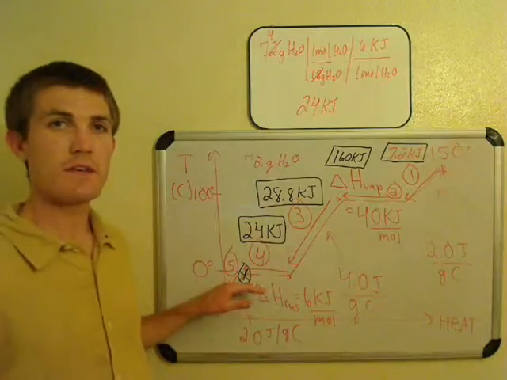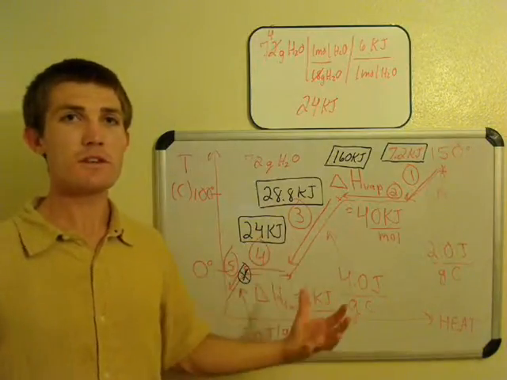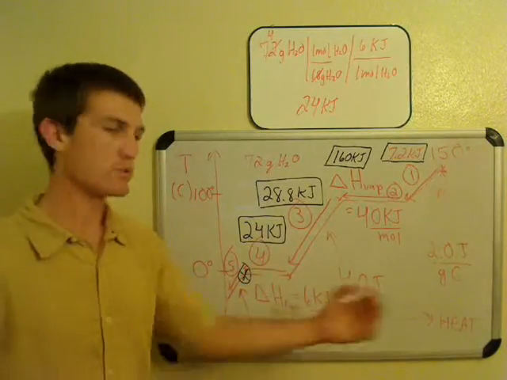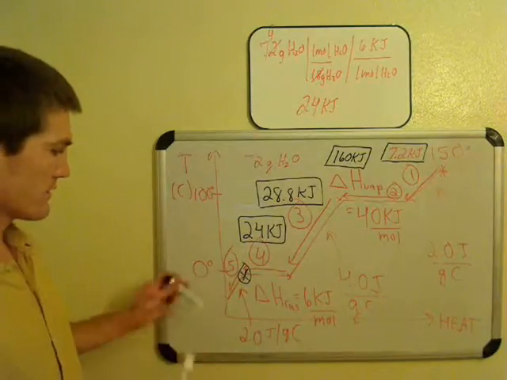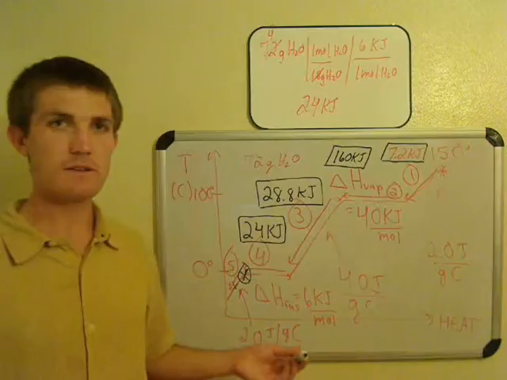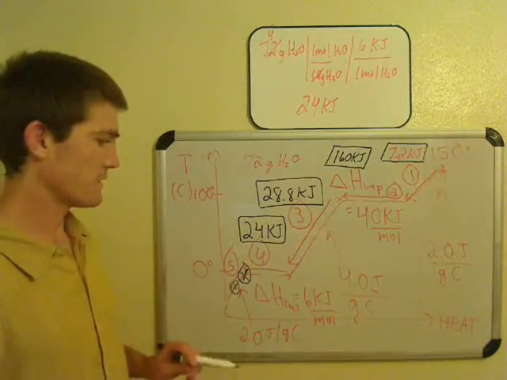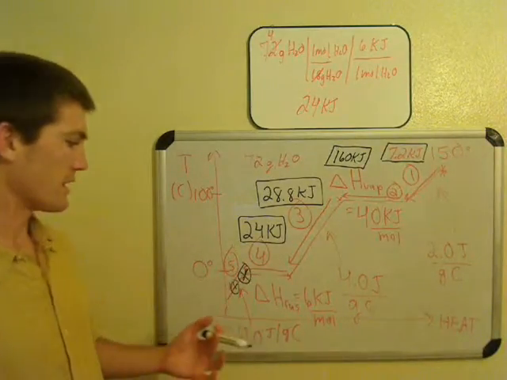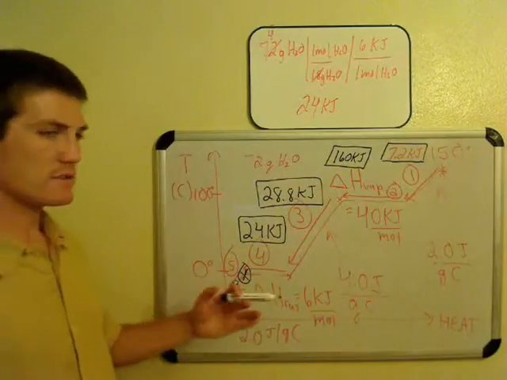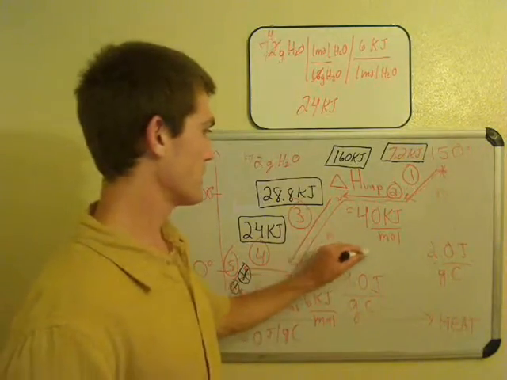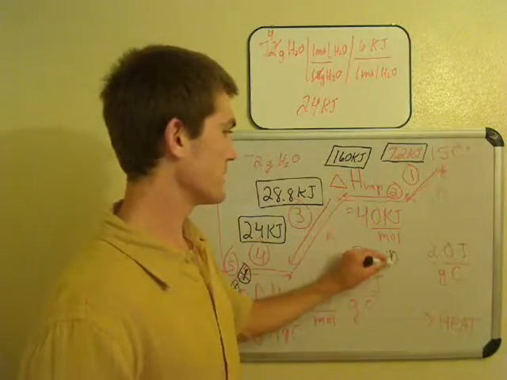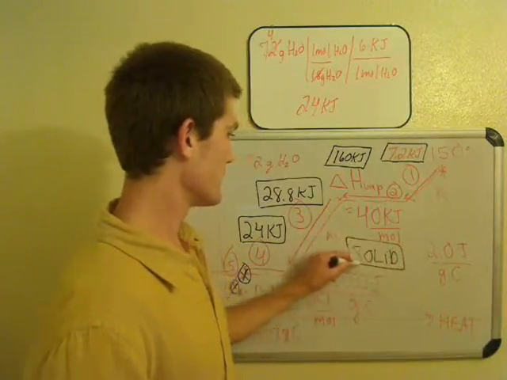Our problem says that we're removing 230 kilojoules of heat. So we're removing more heat beyond this, which puts us somewhere down here on this part of the heating curve. That tells us that the final state of water in this problem will be a solid.